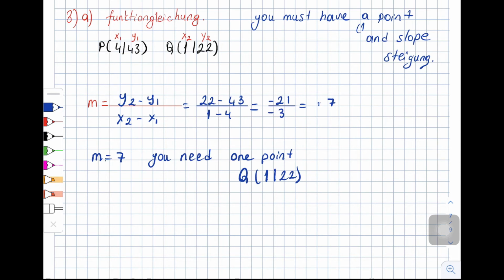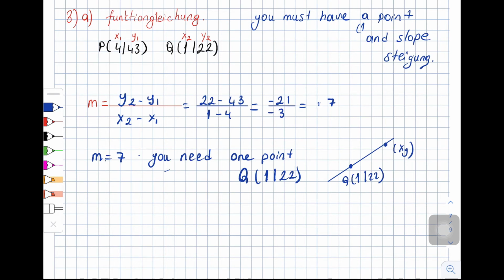Now it's very, very easy to write the Funktionsgleichung. So now this is like question number 2, right? You know this and you know. Okay, again, think that this is your line and this is the Q point 1 and 22. You need to take another x, y point and write down the Funktionsgleichung.